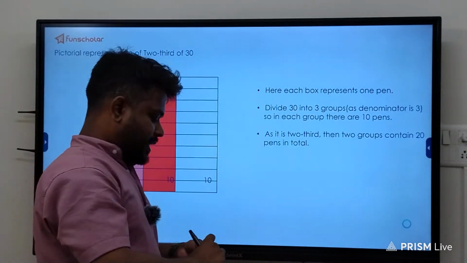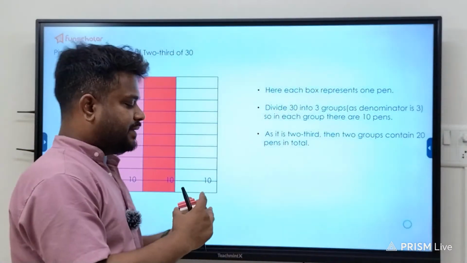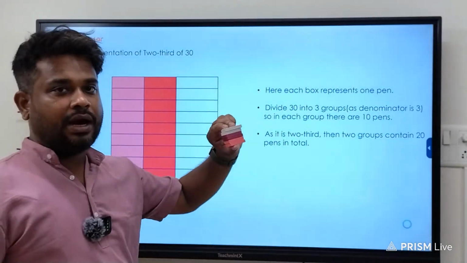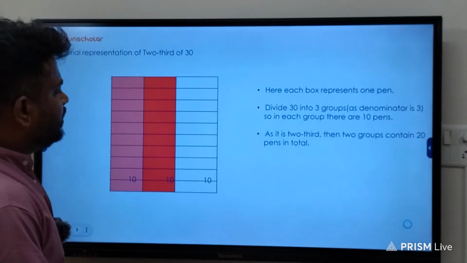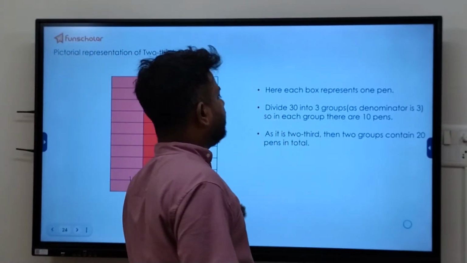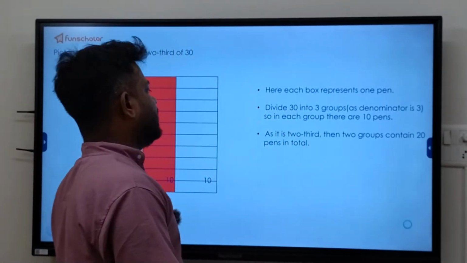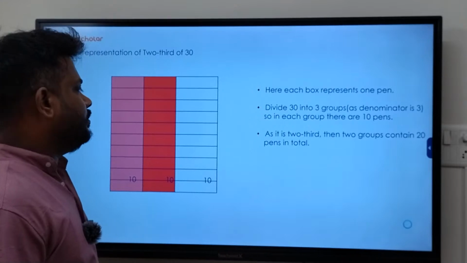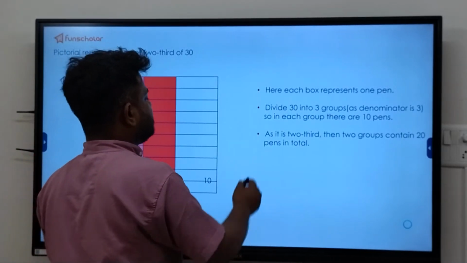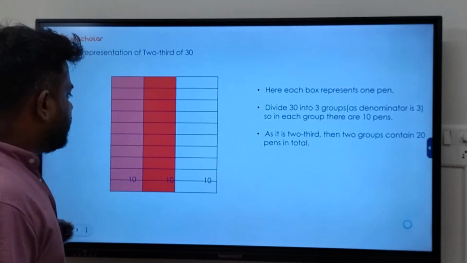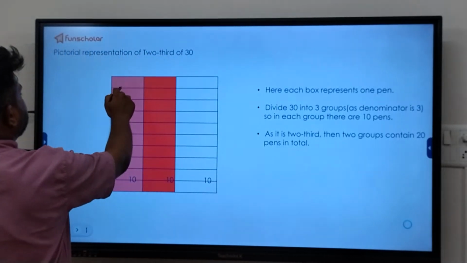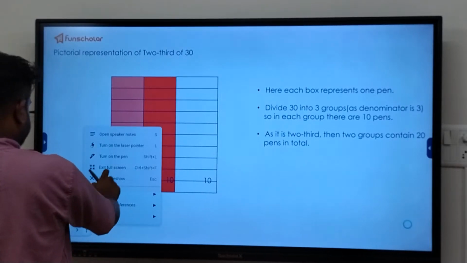You can see that I have similar colored blocks here. Each box represents one pen. Divide 30 into 3 groups as the denominator is 3. So in each group there are 10 pens. As it is 2/3, then 2 groups contain 20 pens in total.